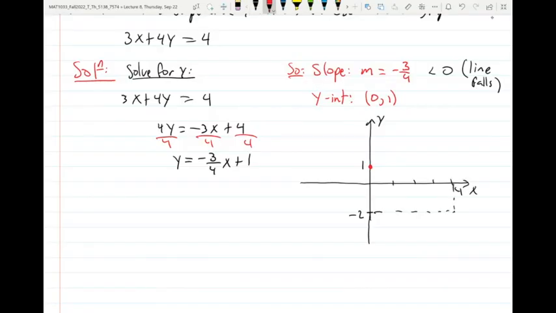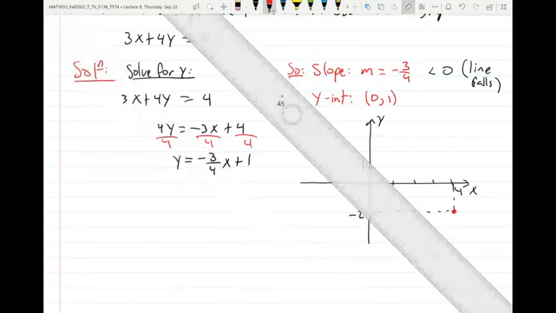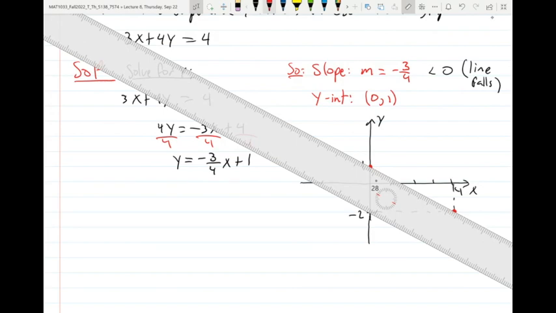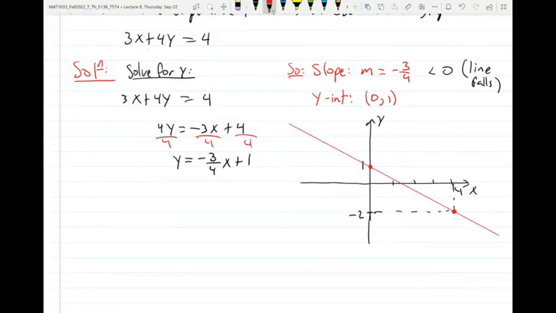So here is the other point, and as usual, once you have the 2 points, you can draw. Okay? All right. Any questions?